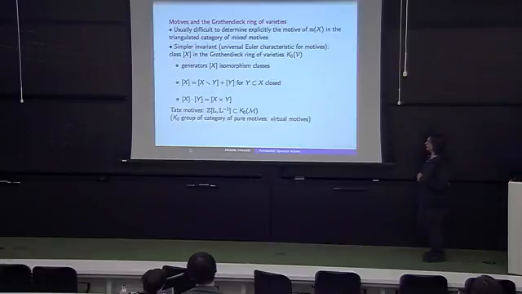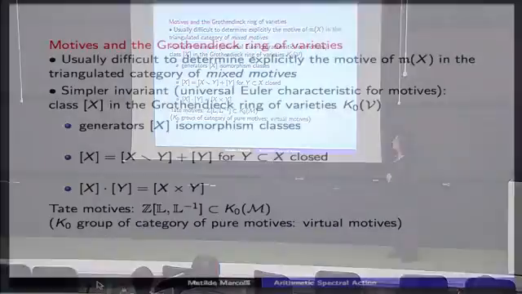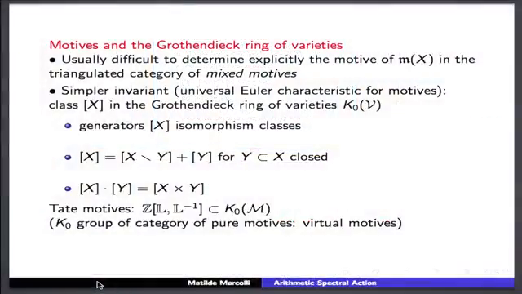So when you want to do explicit computations with these motives, often what one does is one computes these kind of Euler characteristics of motives, which are simpler to compute, which are the class in the Grothendieck ring of the motive. It's just isomorphism classes of varieties with a kind of inclusion-exclusion and multiplication.